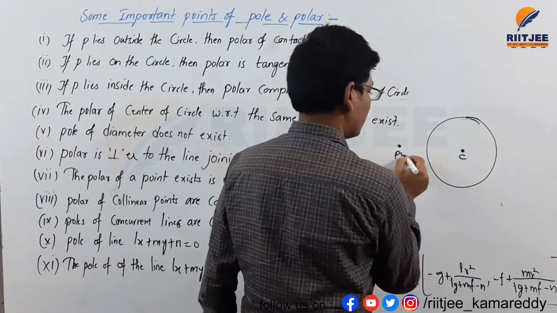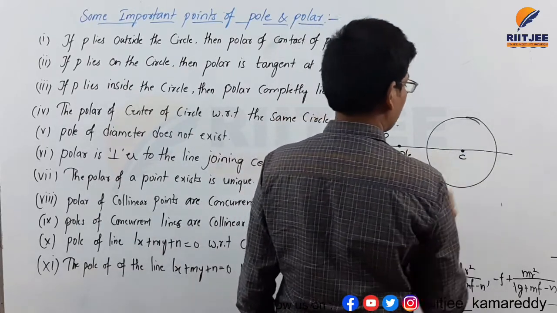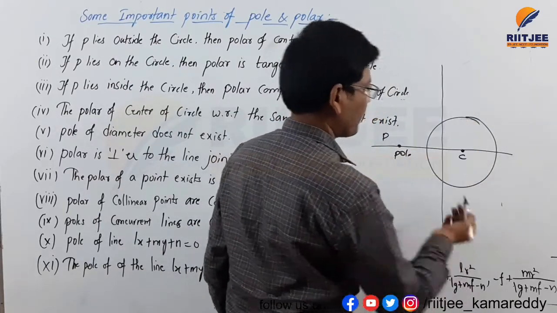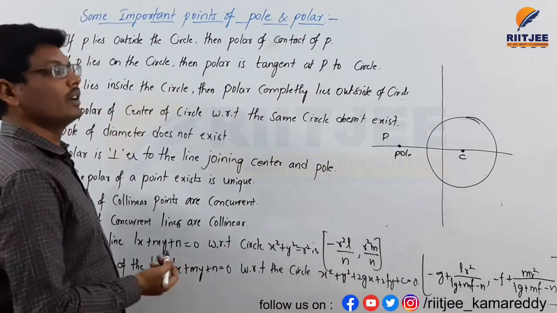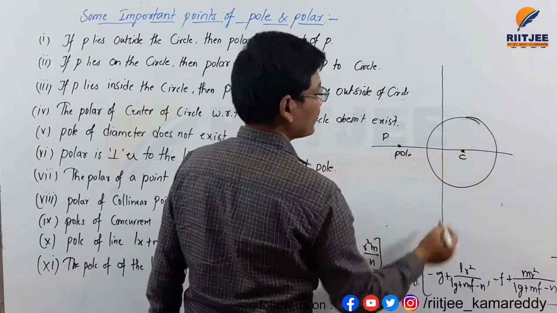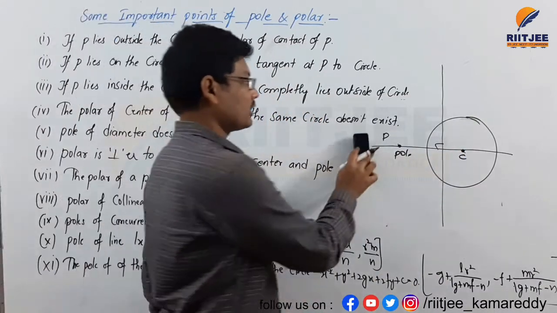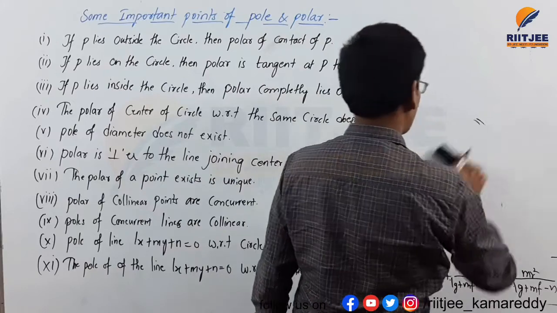This is pole P and this is the center. The polar is perpendicular to the line joining the center and the pole. This is a perpendicular line. This is all about the sixth point.